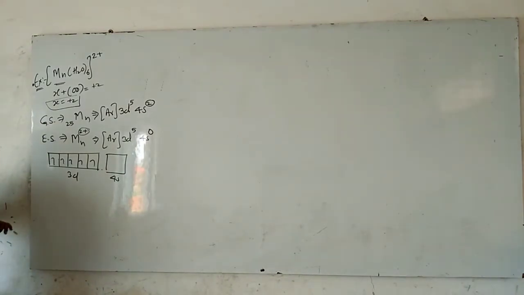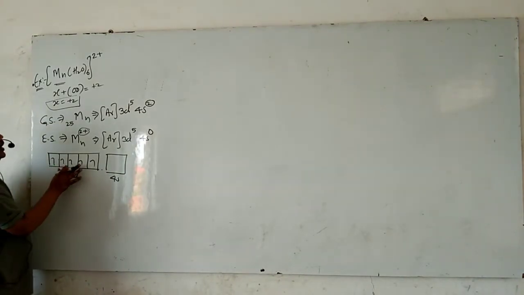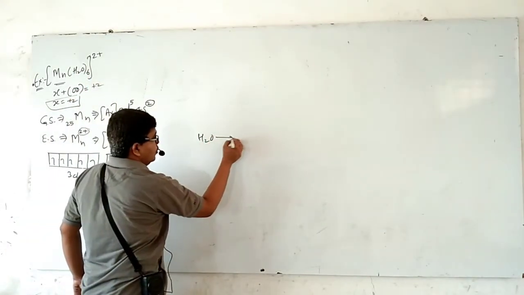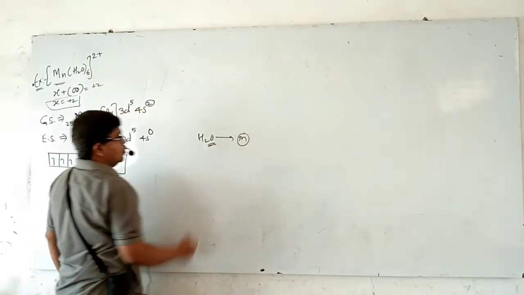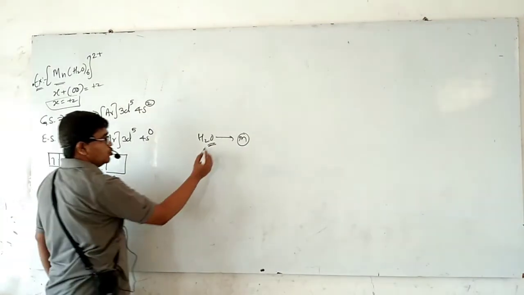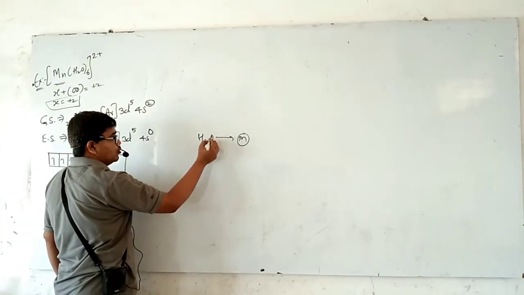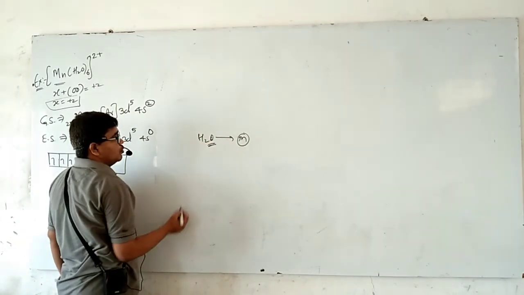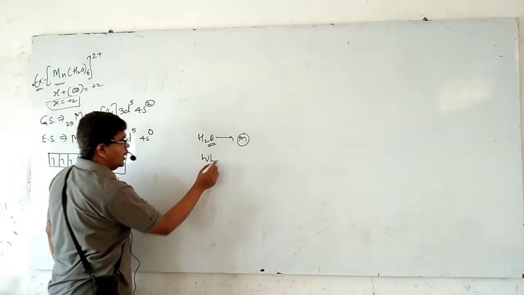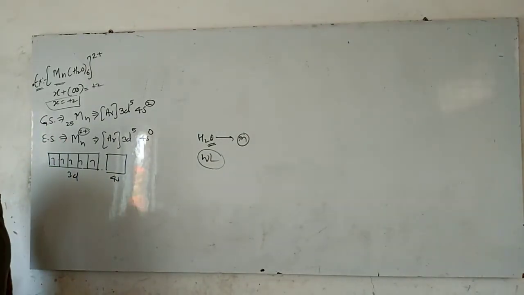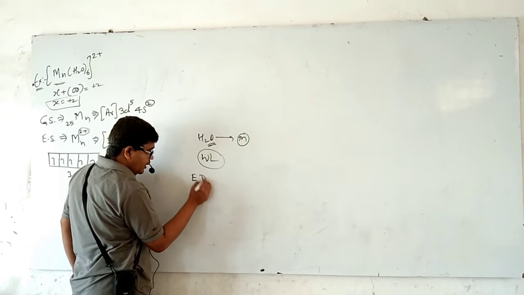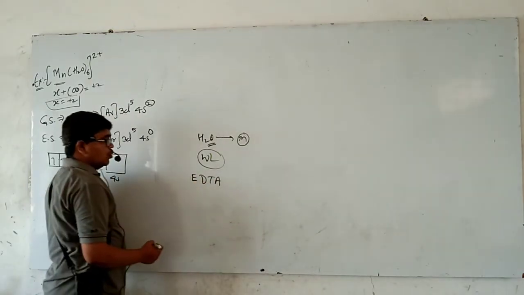Now, H2O is a ligand whose donor atom is oxygen. So if the donor atom in H2O is oxygen, it will be considered a weak ligand. In the previous example, we considered EDTA a strong ligand.